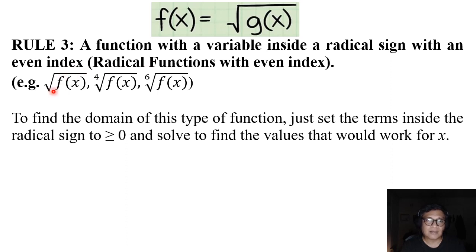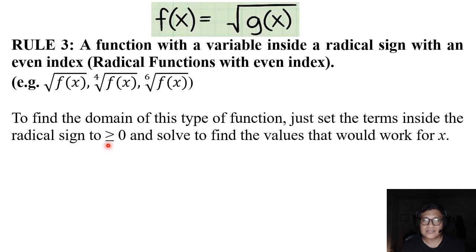So for example, the square root of a function, the fourth root of a function, the sixth root of a function. As long as the index is an even number, then this is the rule. To find the domain for this type of function, we simply set the terms inside the radical sign to greater than or equal to 0.